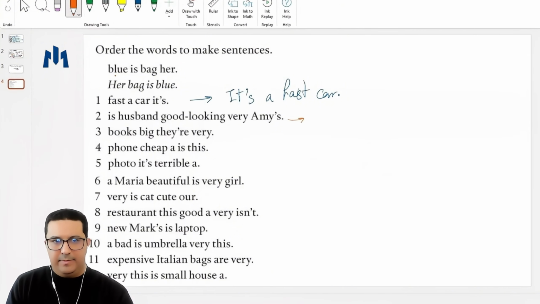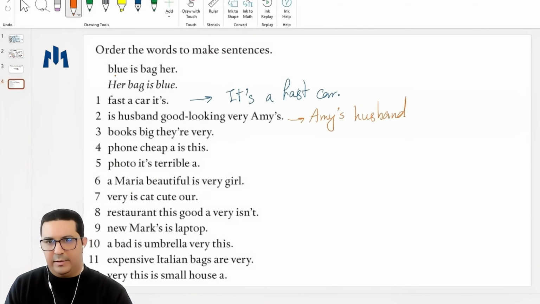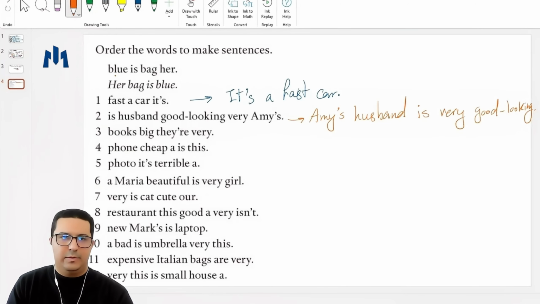The next one is husband good looking, very Amy's. So, Amy's husband is very good looking.